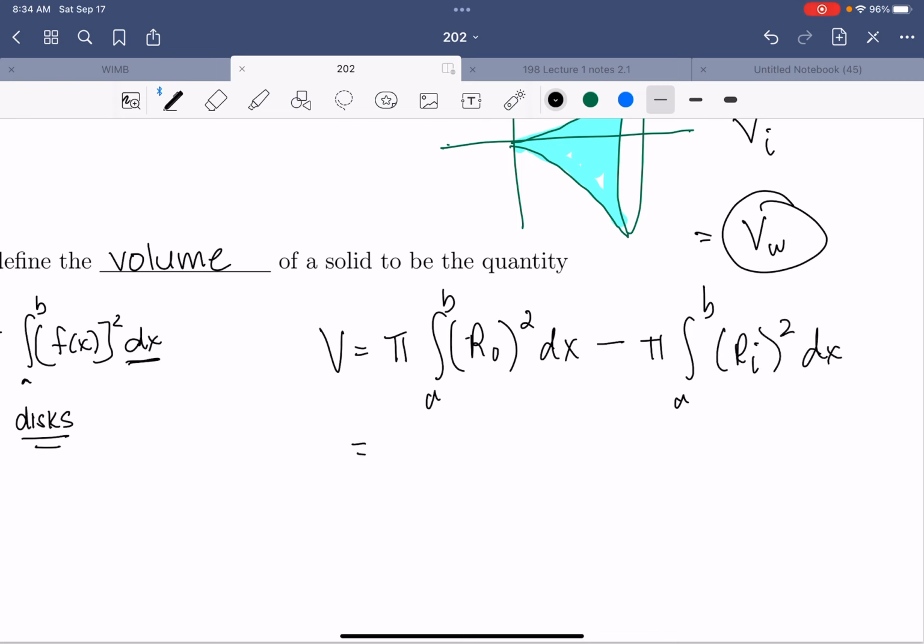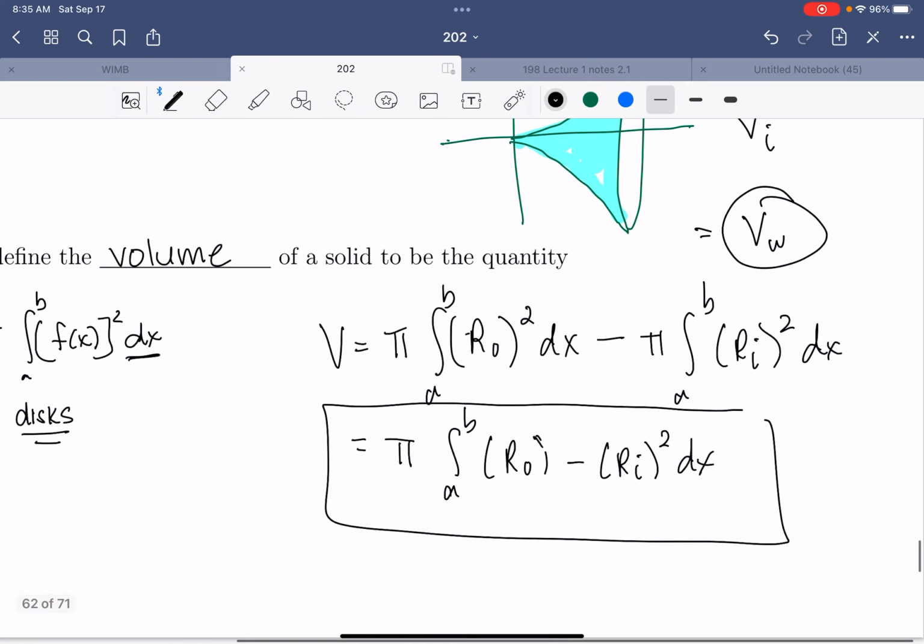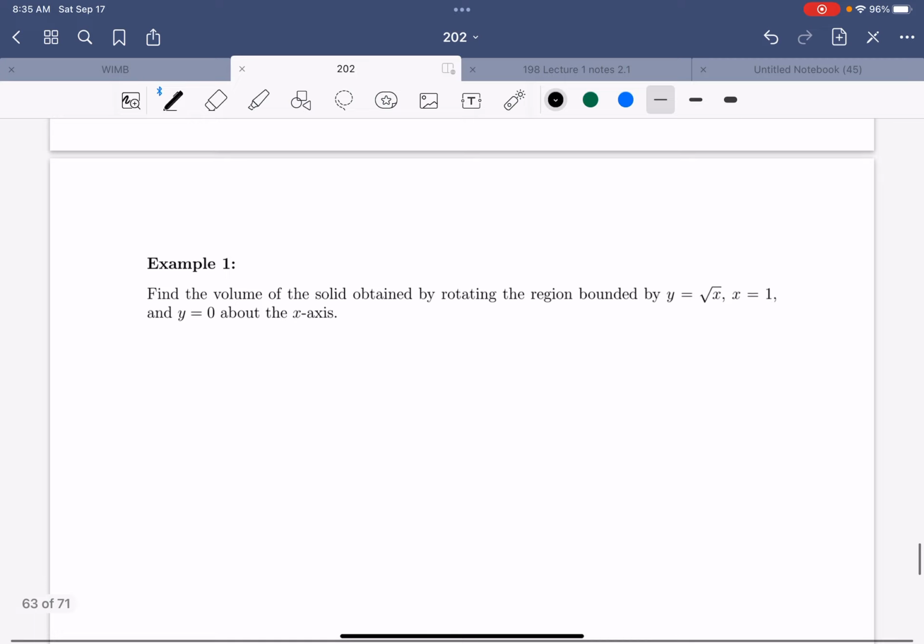And then, of course, you can pull that pi out front. And I'm going to leave the R_O and the R_I in here because we're going to have to figure out what those radii are, and they're typically functions. Okay, and we'll tackle that using our examples.